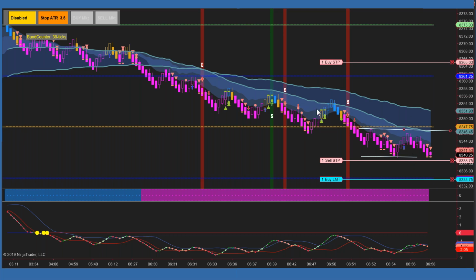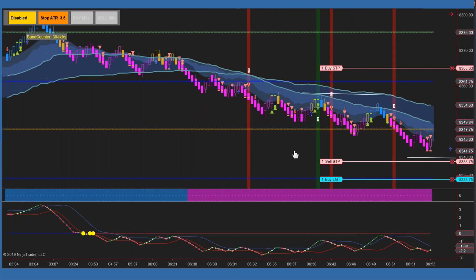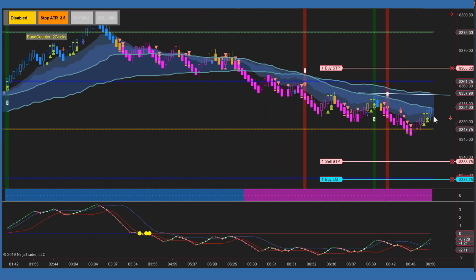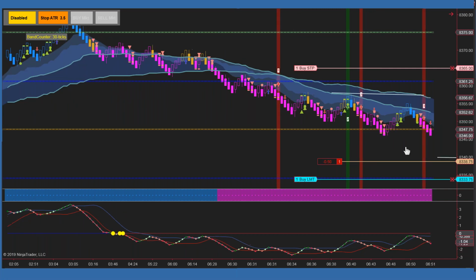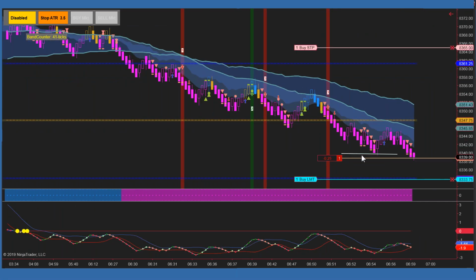See, I got a little bit cute with the market right here. When I was looking for the reverse, when I took this buy signal, I mistakenly assumed that the market would retest this high. It did not. In fact, it turned shortly after stopping me out, only to tag me out again.